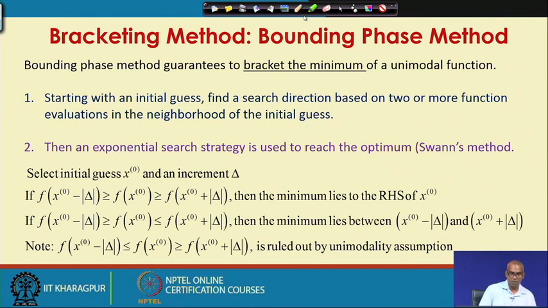So, if f of x 0 minus delta is greater or equal to f of x 0, which is greater or equal to f of x 0 plus delta, then the minimum lies to the right hand side of the x 0.